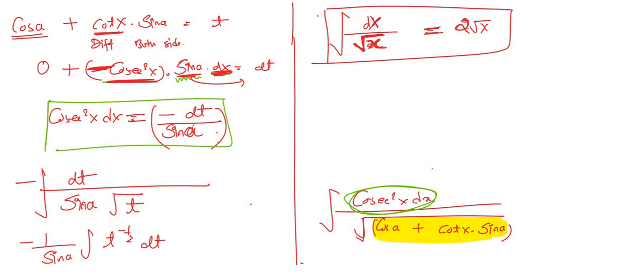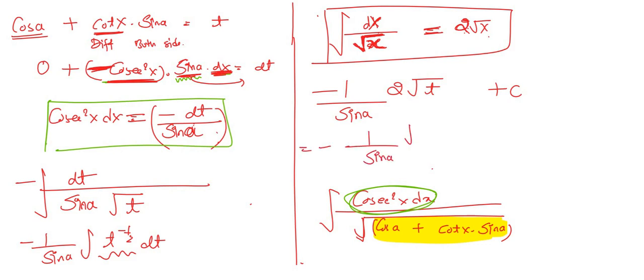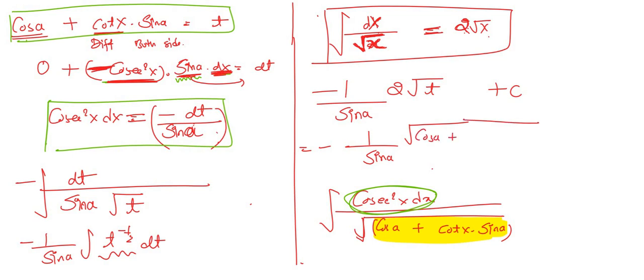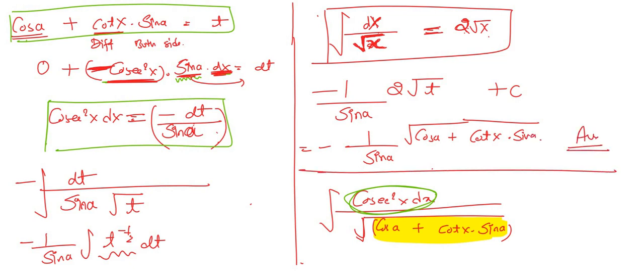Integration of dx by root x is 2 root x. So I can use it here. So I will get minus 1 by sine A into twice of root of t plus c. And what was t? t was taken as this thing. Correct? So let me write down cos A plus cot x into sine A. So this is my answer.